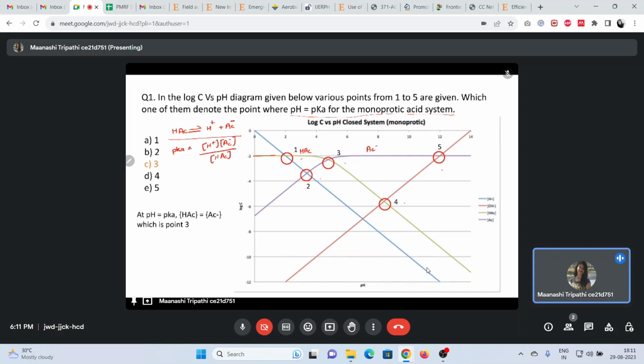The same is written over here also: the activity of HA is equal to the activity of the conjugate base. So this point 3 is where pH is equal to pKa. When we draw it like this, this point is pKa.